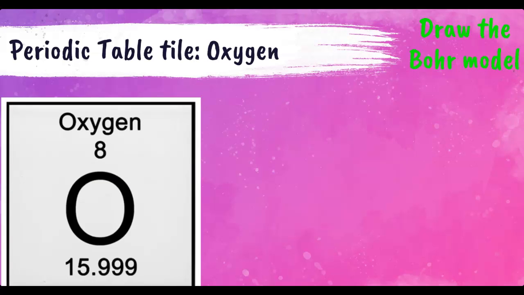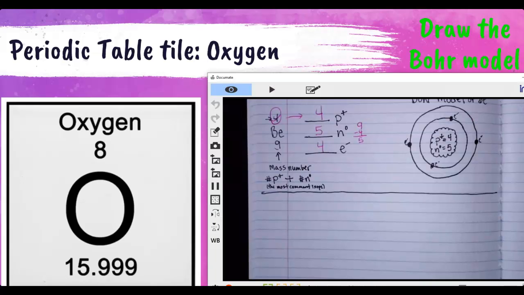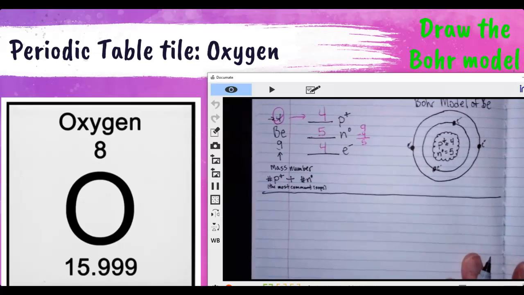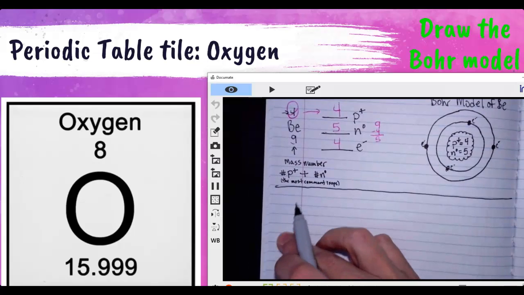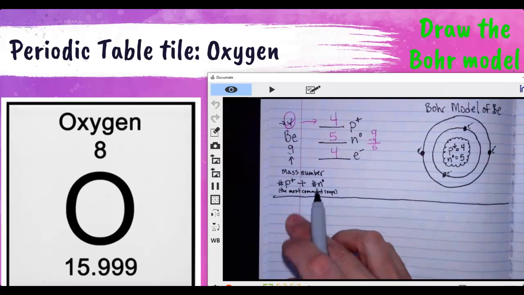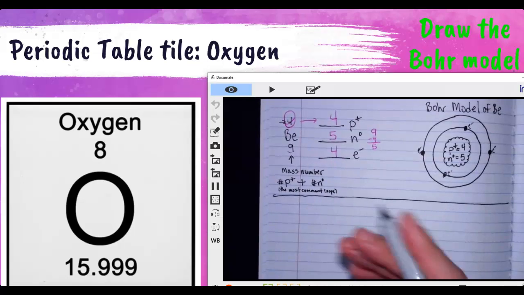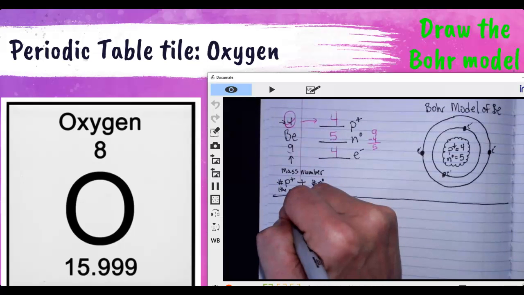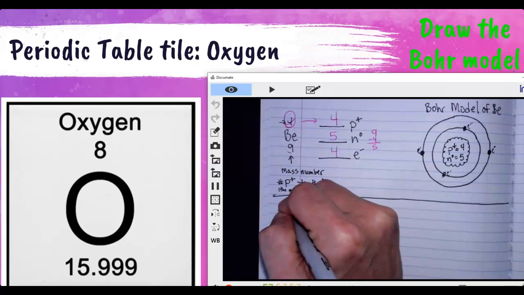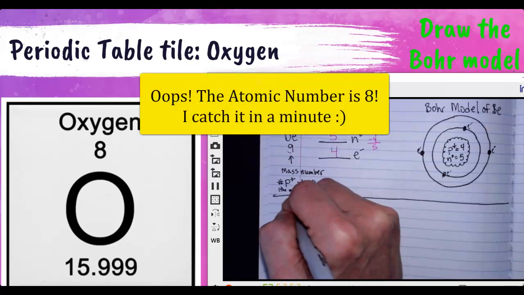All right, for the next one, we're going to do oxygen. Okay, so that means over here we're going to write down the element symbol, and we're going to write down the atomic number and the mass number for oxygen. All right, so see if you can figure out what the mass number should be.